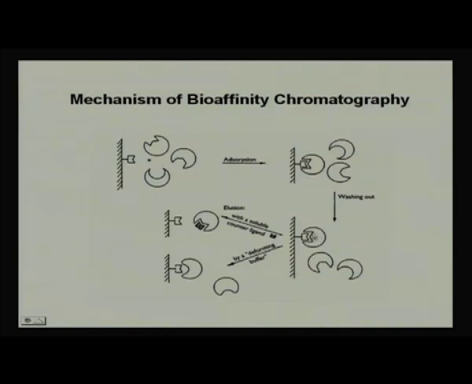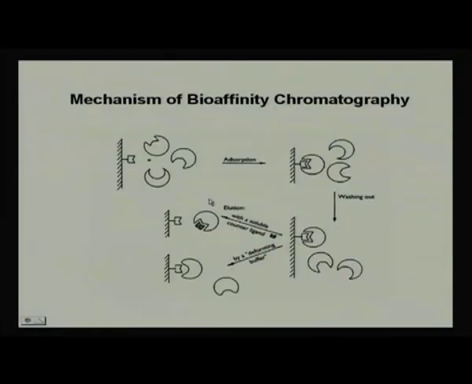Now, what do we want to do? We want to now elute, we want to drag this particular molecule out, because our objective is to separate our targeted protein. My targeted protein is now retained in the column. So we can go for elution with the counter ligand technique and with a suitable medium, mobile phase, we can elute our particular macromolecule from this particular ligand.